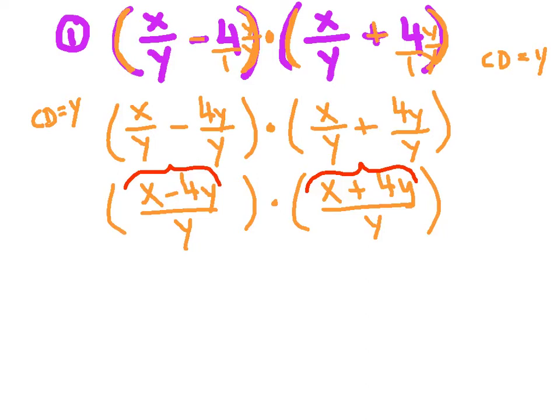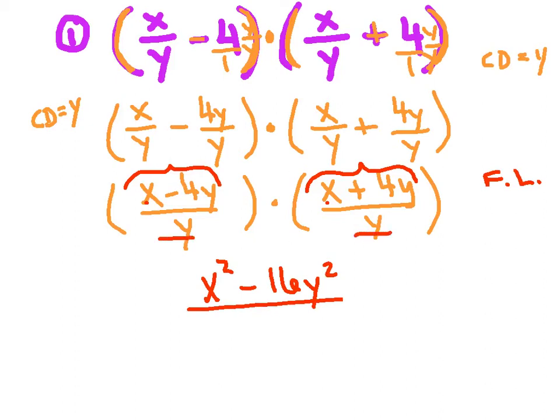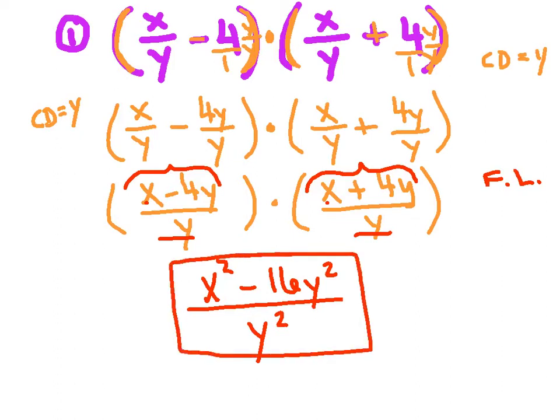Yes, the shortcut is the fact that they are conjugates of each other, and because they're conjugates, we can go Florida style, first times first and last times last. So x times x gives me x squared, and then negative 4y times a positive 4y gives me negative 16y squared. And then I'm going to multiply this denominator times that denominator to get y squared. This is our final answer.